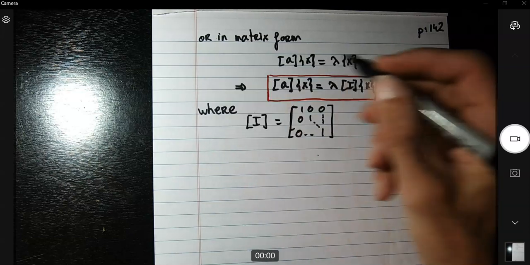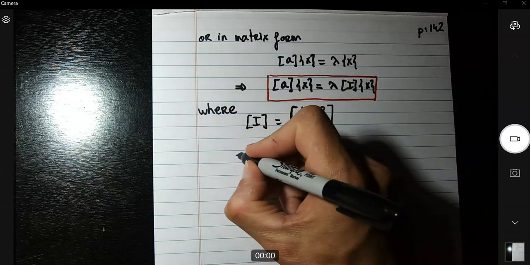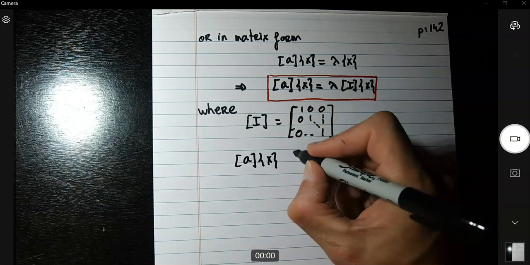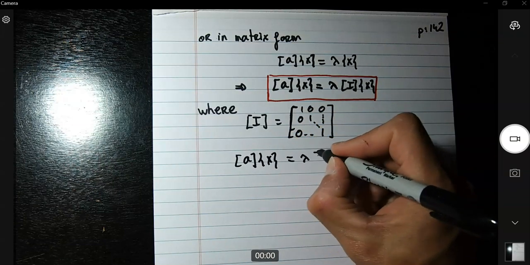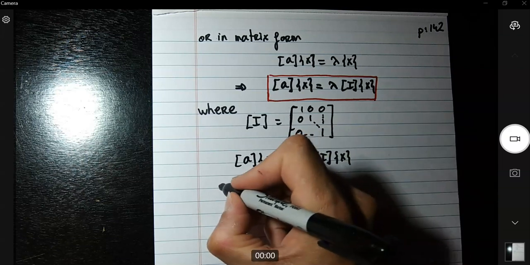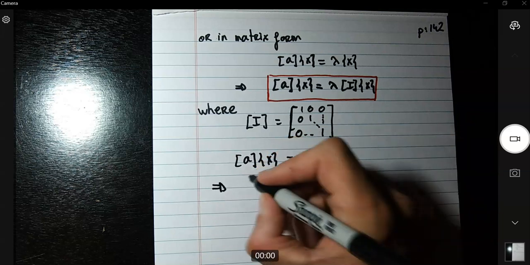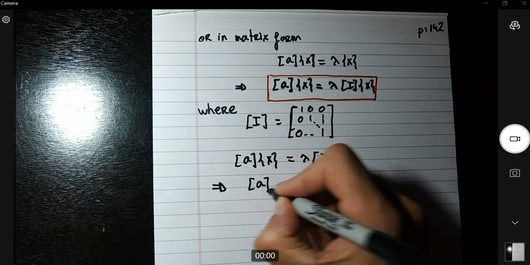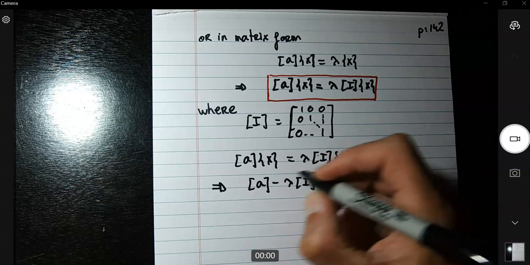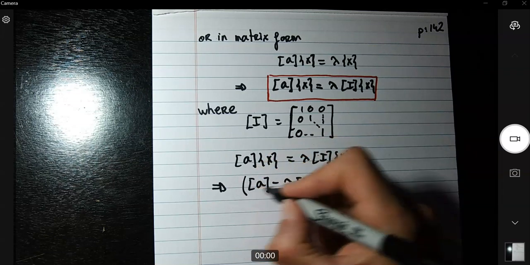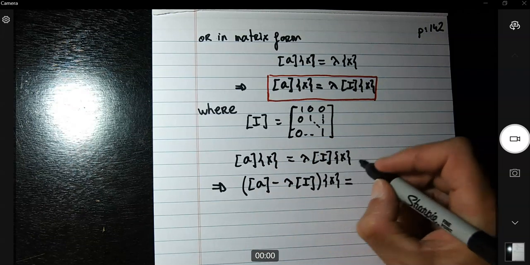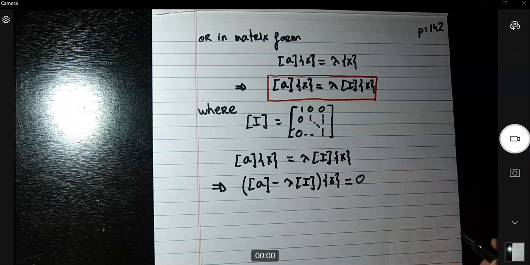Okay, so then what happened? The equation over here that we have equals lambda identity matrix x. This one we can just write as A minus lambda times the identity matrix, both times x, will be equal to 0.